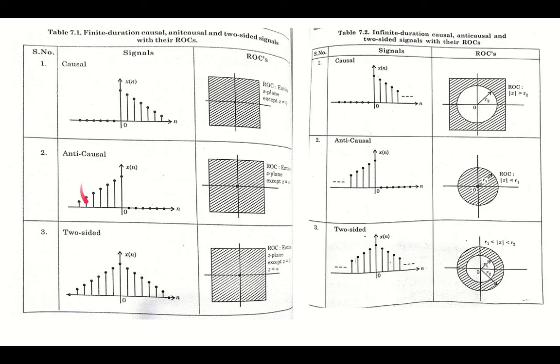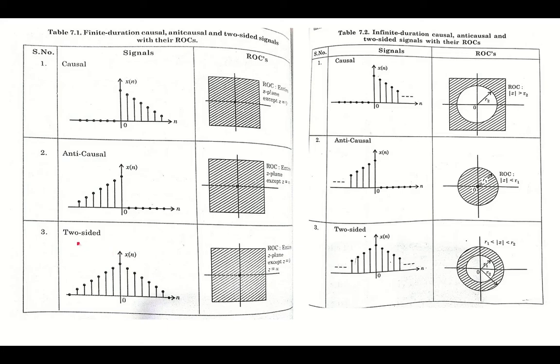So for such a signal, the ROC will be the entire Z plane, and we have to write that it does not include z equal to infinity. Why we do not include it, and what is the reason, we have discussed in the previous lecture.